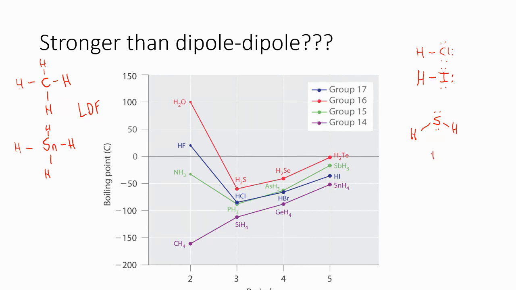H2Te, which is in the exact same group, has a much higher boiling point. Again, same reasoning as before. While it's polar and also has dipole-dipole forces, it's heavier than H2S, has more total electrons, and therefore it has stronger London dispersion forces, harder to break apart, and so it has a higher boiling point.